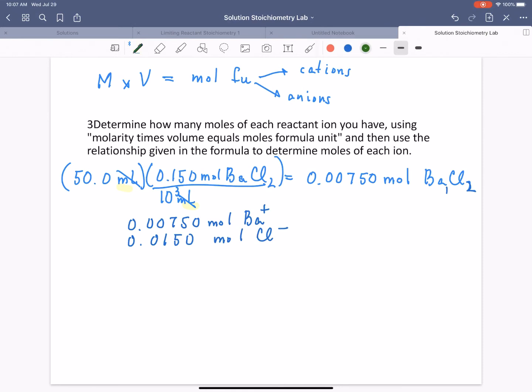For sodium sulfate, we have 75 mL of 0.120 molar. Rename molar.